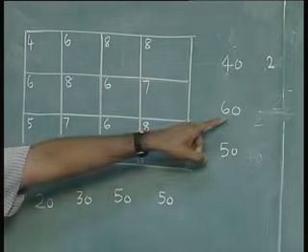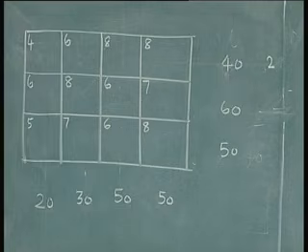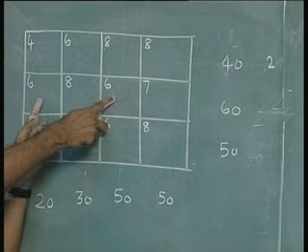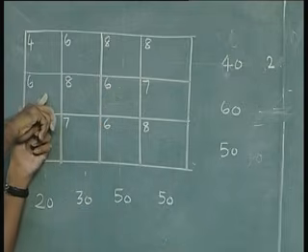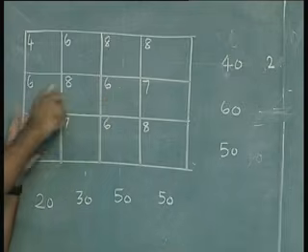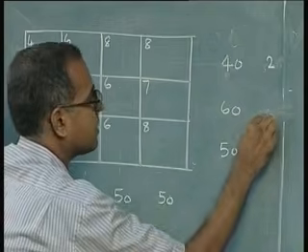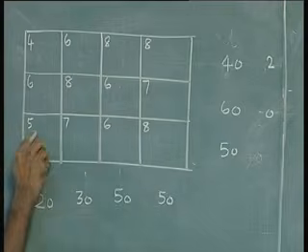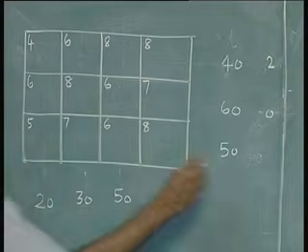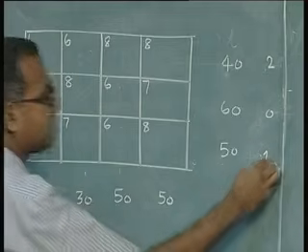As far as this is concerned, the penalty will be 0, because there are 2 positions with the same minimum cost. So if I am not able to allocate here, then there is a chance that I might still do it here, so my penalty is 0. As far as this is concerned, the penalty is 1, minimum is 5, next minimum is 6, so penalty is 1.